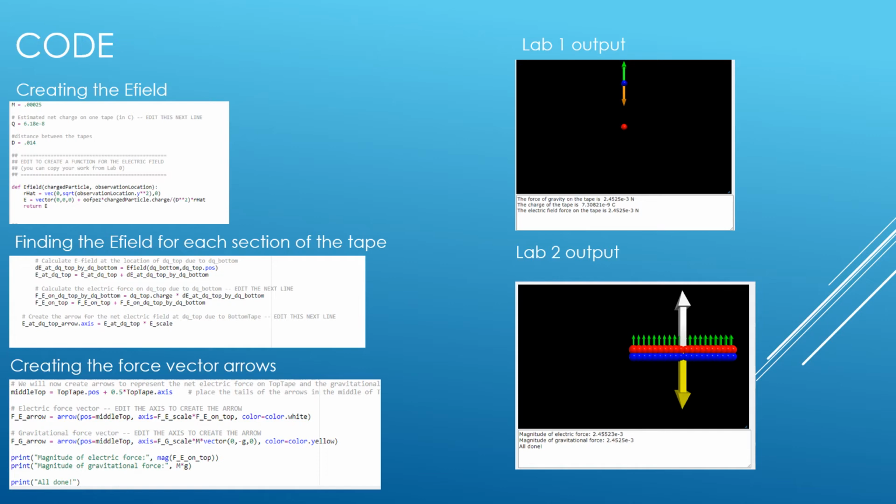At the top, I created an electric field function to get the electric field for each particle that you sent to that function. In the second box, I added each of those electric fields found to the electric field variable and then multiplied it by a charge to get the actual electric force at that point.